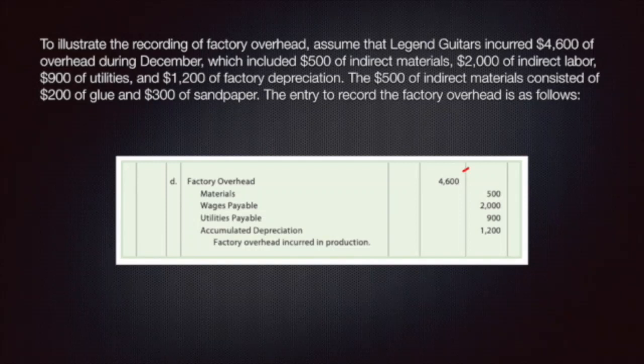The $500 of indirect materials consisted of $200 of glue and $300 of sandpaper. So the total of this will be $4,600, which will be the factory overhead.